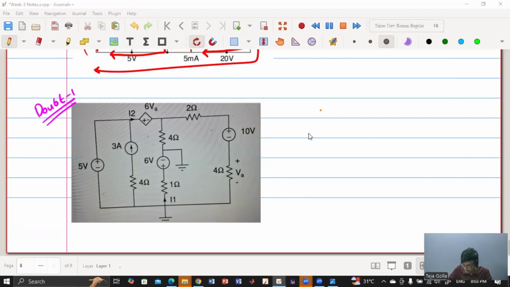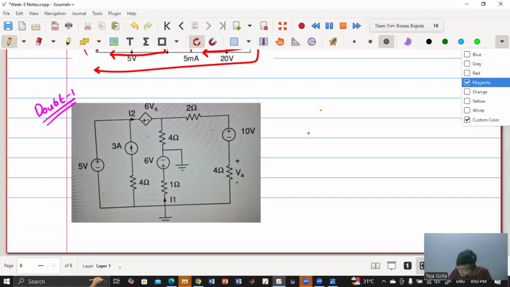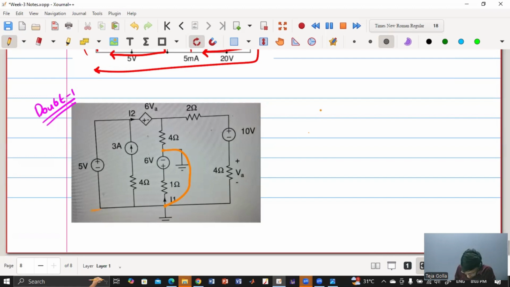Basically, what it means is this is also a ground, meaning these two are directly connected. They are basically shorted, right? If they are saying this is ground, it means these two are also shorted, because if this has 0 volt, this also has 0 volt.